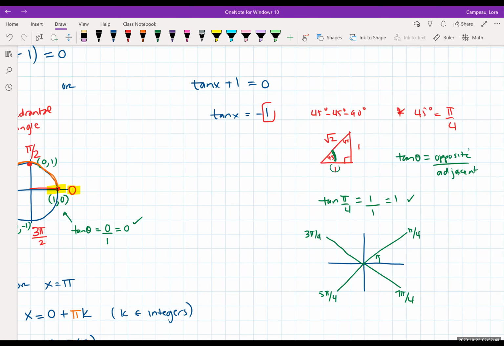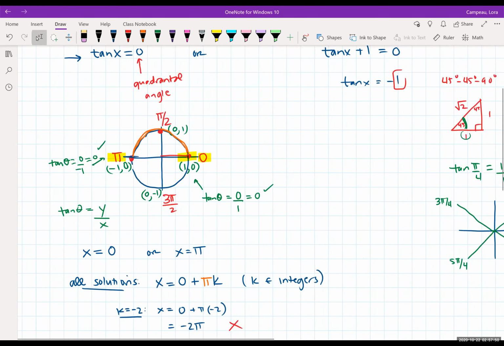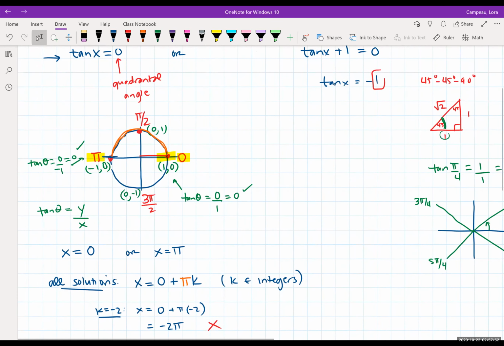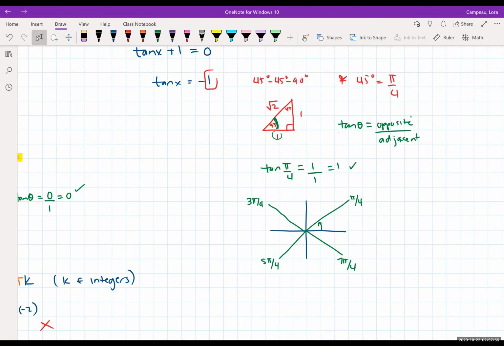We also want to remind ourselves, where is the tangent negative? You can look at definitions, or we have a nice trick as well. Remember, a tangent is y over x. So where do we have opposite signs for our quadrants? In quadrant 1, your signs are positive x, positive y.